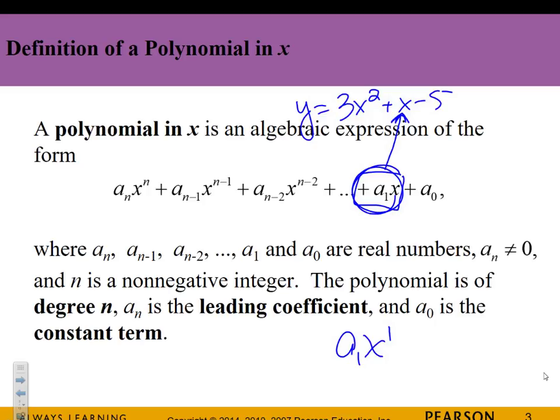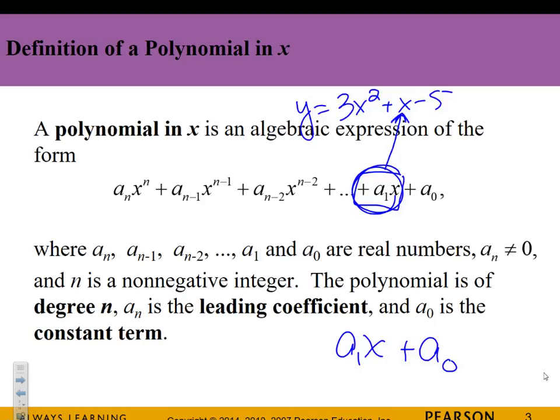And then over here we have plus a sub 0. It follows a pattern, because it does have a sub 0, x to the 0 power. But what is x to the 0 power? 1. And anything times 1, we just talked about this, is itself. So it would just not make sense to multiply by a 1, and that's why it doesn't show up in the form. It makes sense, right? Yeah. And that's why we don't have this here.